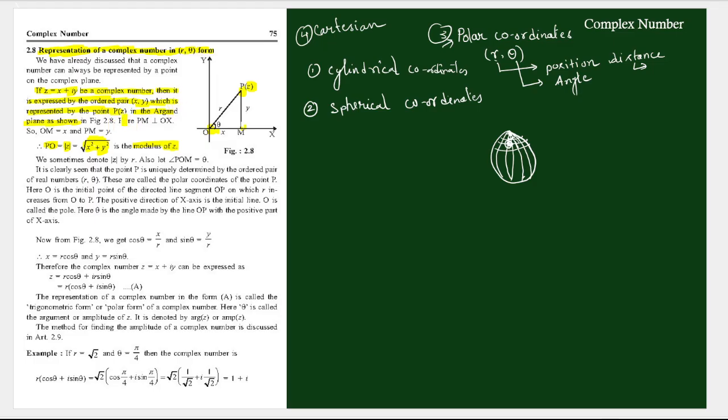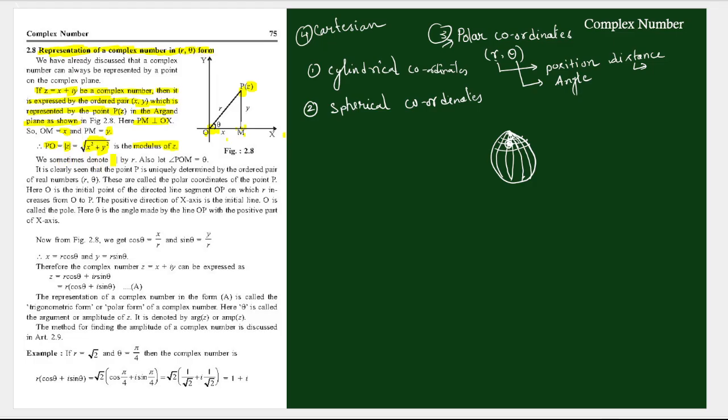Then we say PM perpendicular OX. So OM will be your x, and PM will be your y. So now the distance between 2 points, OP, will be modulus of z. You write this one, modulus of z.